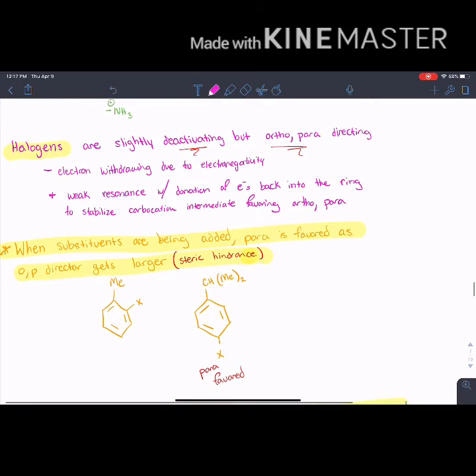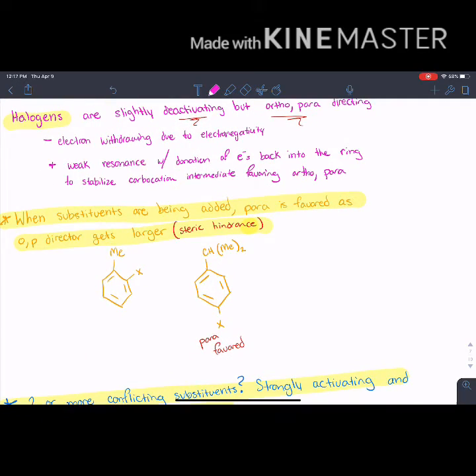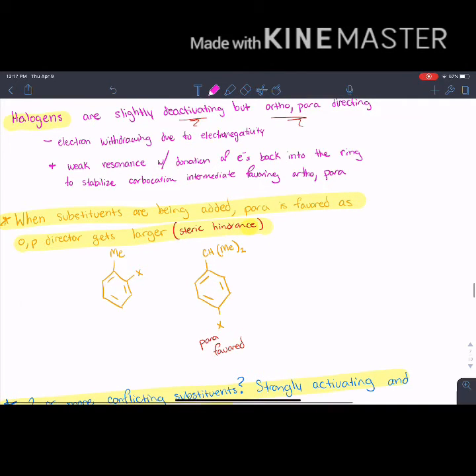When these substituents are being added, para is always favored, okay? This is regarding ortho-para directors. Since steric hindrance is always an issue, when you have a larger substituent, for example, if you have methyl, it's relatively small, so ortho is okay. It's not always going to be favored.